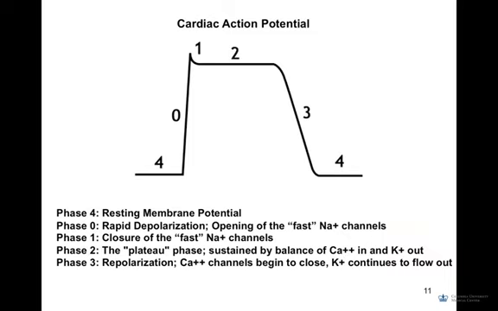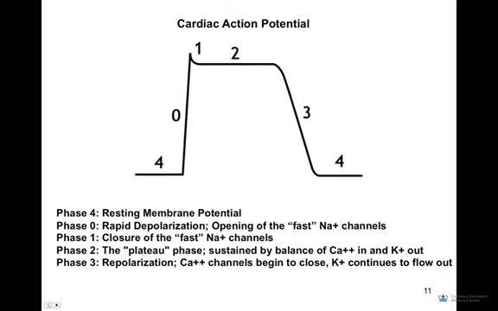So first, let's look at the action potential that we see in the cardiac muscle tissue. Okay, so these are the cardiac myocardial cells, the muscle cells. The action potential that we see in these cells, these are not the spontaneously firing cells. They do require stimulation.